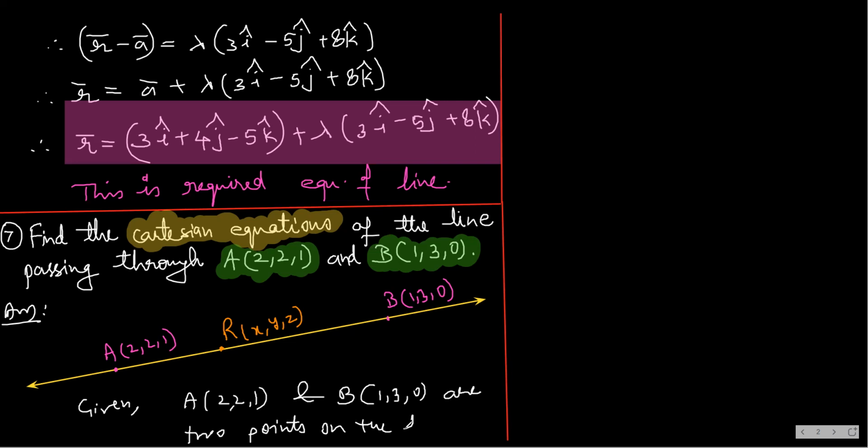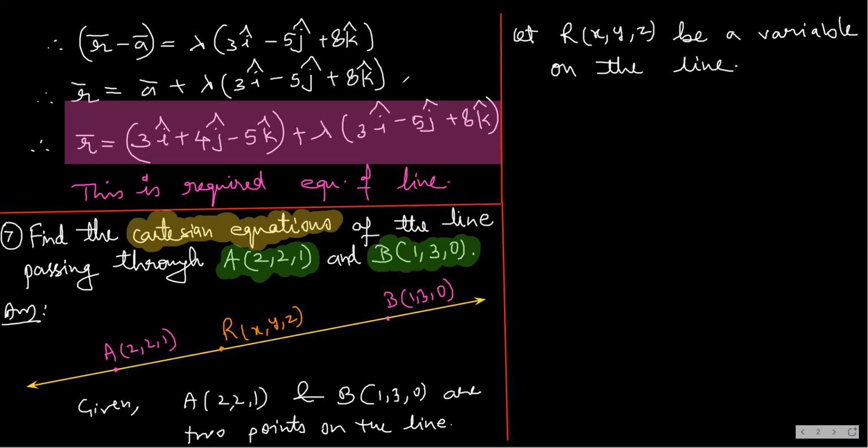Let R (x, y, z) be a variable point on the line.